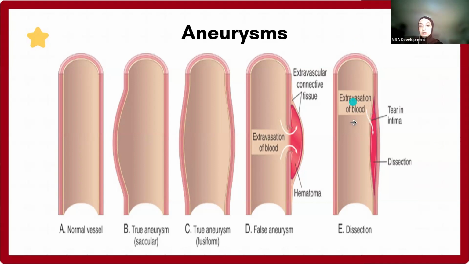However, in dissection, only one layer is affected. The first layer, the endothelial layer. Okay, there's a tear in the intima, and this tear will allow blood to accumulate in between these two layers. Now, because there is nowhere else for the blood to go, it might even continue descending downwards.